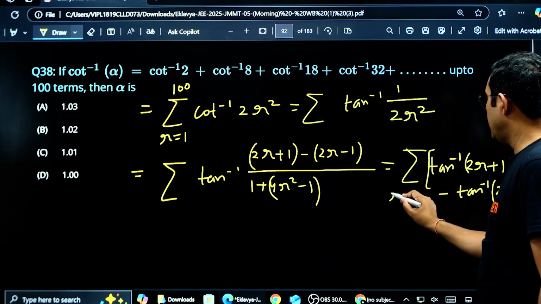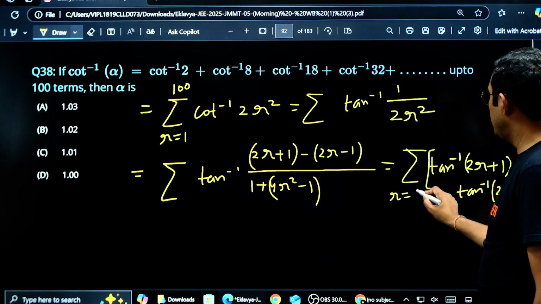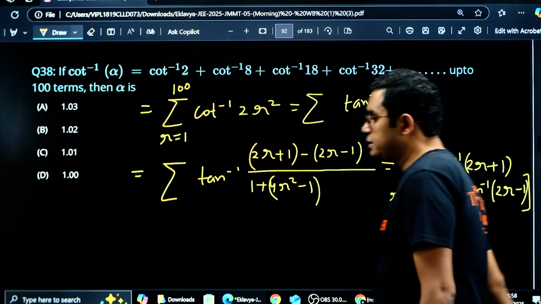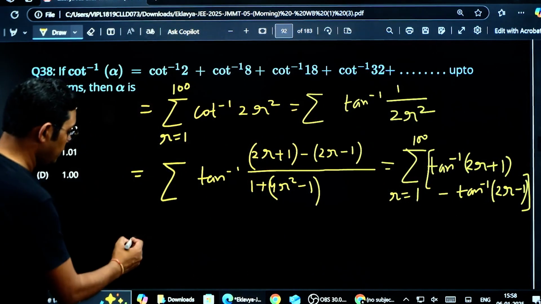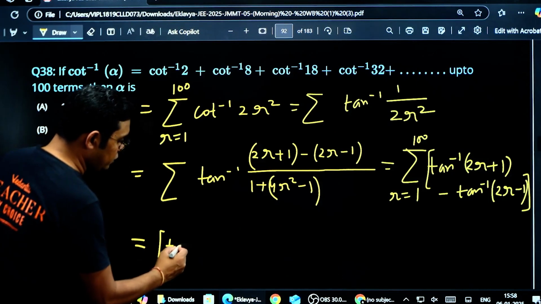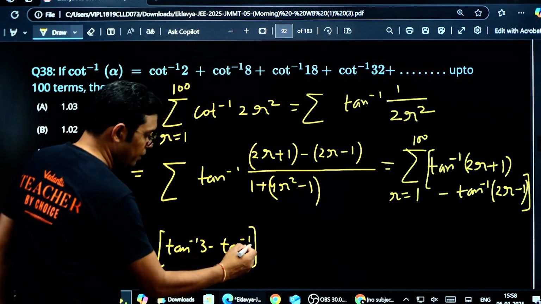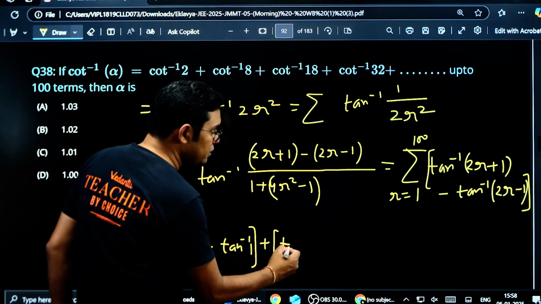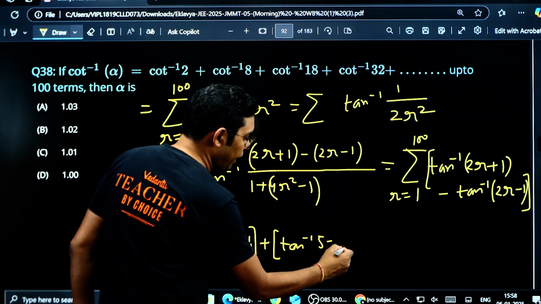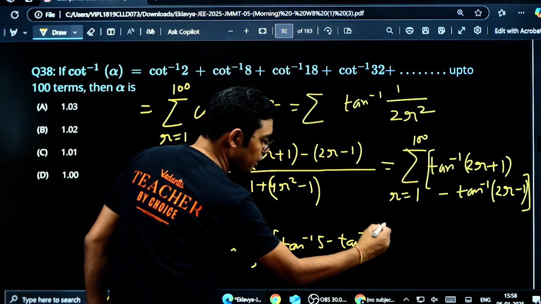In this, r is going from 1 to 100. If we start putting values of r, the first bracket will be tan inverse 3 minus tan inverse 1. Then the second bracket is tan inverse 5 minus tan inverse 3, and so on.